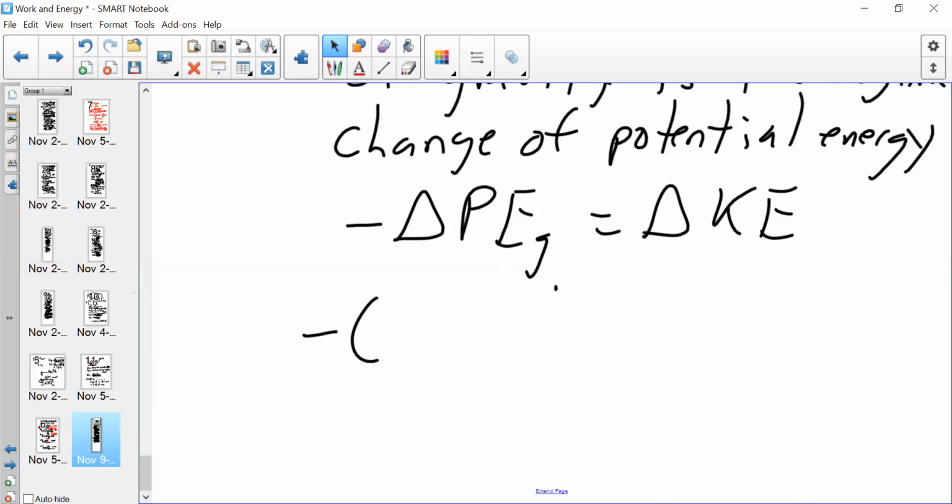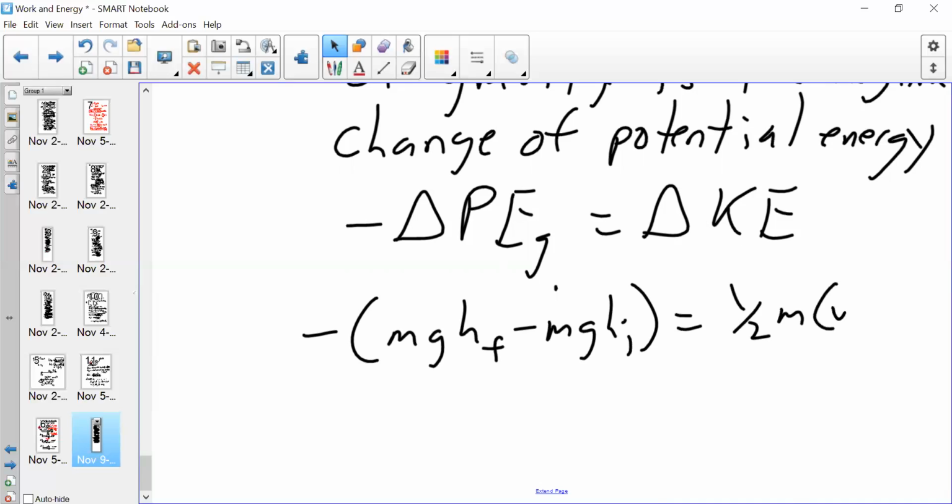So it's going to be mgh final minus mgh initial equals 1/2 m v final squared minus 1/2 m v initial squared. Why is that? Because we know that kinetic energy is 1/2 mv squared.